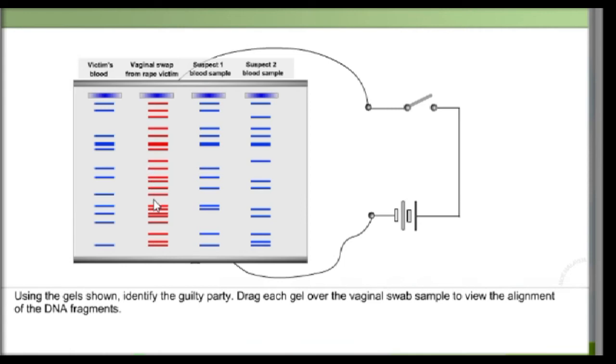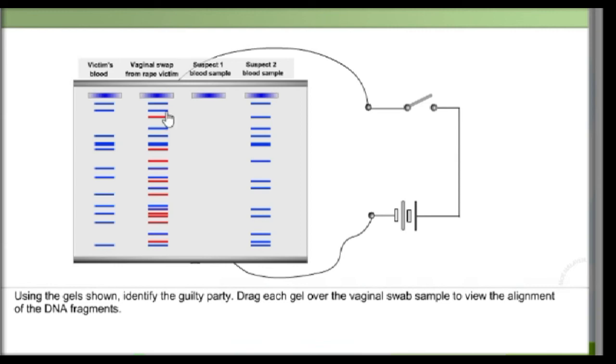We compare with the first one, suspect one. And then there is the matching, but only a few match. The red one is not matched.